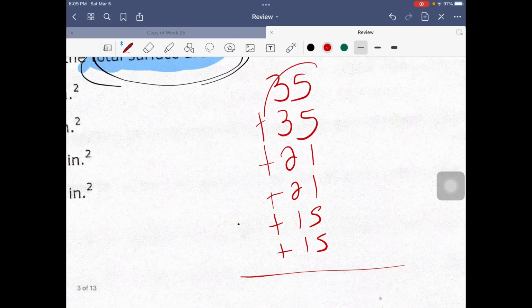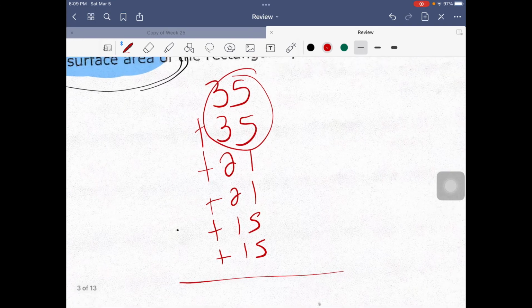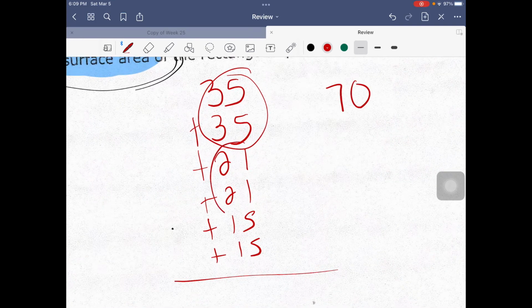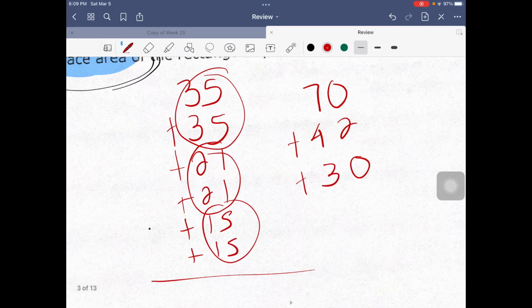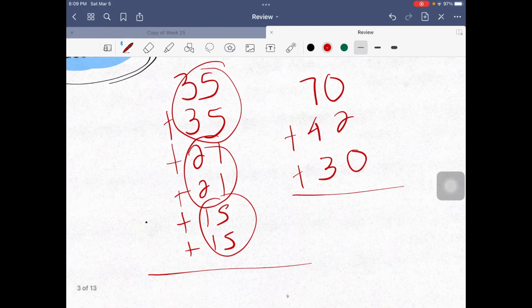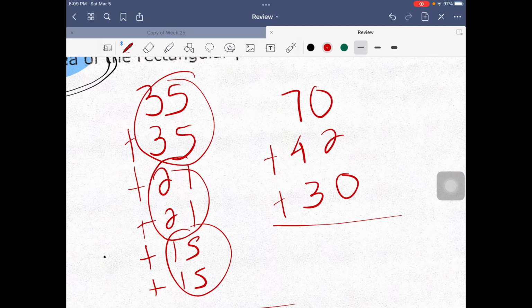Now, I know that 35 plus 35, that's 70. 21 plus 21, 42. And 15 plus 15, 30. If you go ahead and add them normally, you will get the same answer that I am getting.